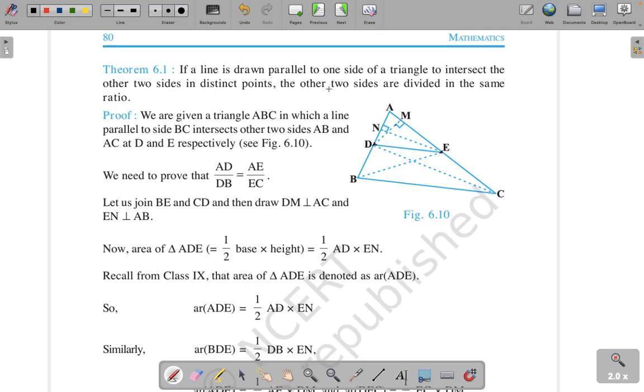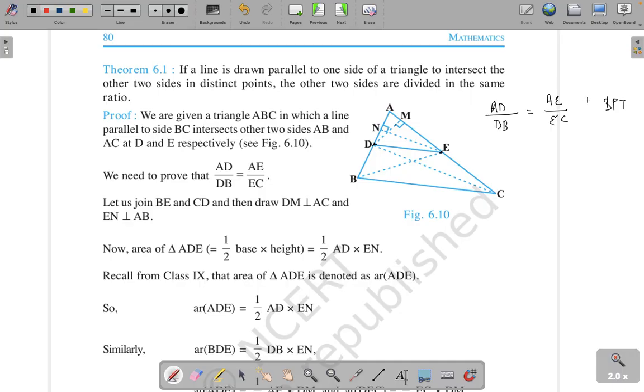The other two sides are divided in the same ratio. So it is talking about the other sides, not the sides to which it is parallel. So it is saying the other two sides are divided in the same ratio, which means AD upon DB is equal to AE upon EC, right? So this is BPT, or basic proportionality theorem.